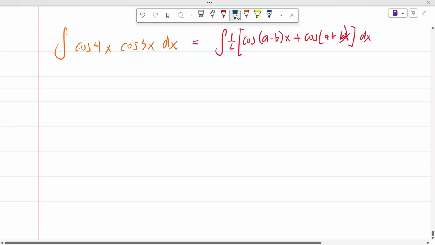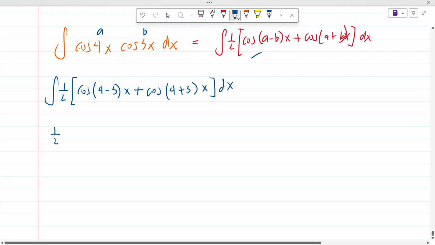So, the next problem, guys, the integral of cosine 4x and cosine of 3x dx. From the formula I showed earlier, when both are cosine, this is the formula we use. The first will be represented as A and the second as B. Cosine of A, where A is 4, minus 3, the B is 3x, plus cosine of 4 is the A, 3 is the B, x dx. 1 half integral of cosine of 4 minus 3, which is just 1, so it is just x, because there is automatically a 1, plus cosine of 4 plus 3, which is 7x, dx.